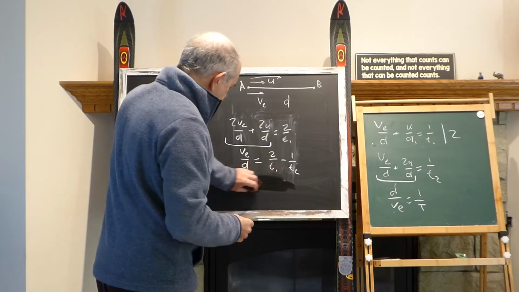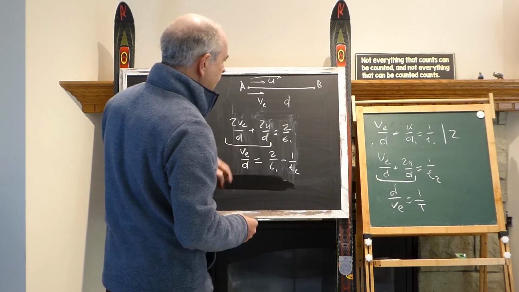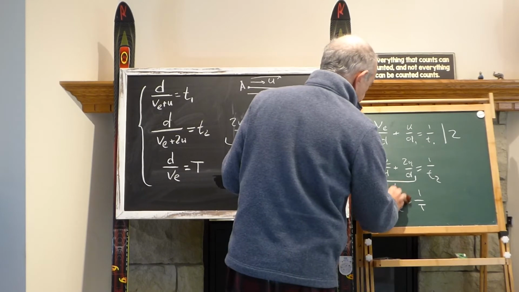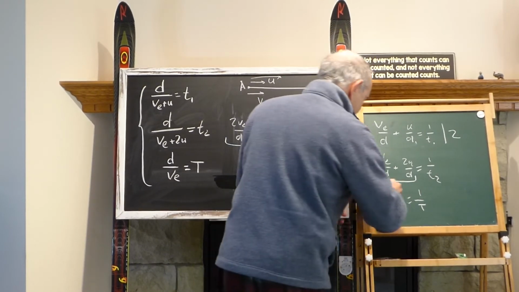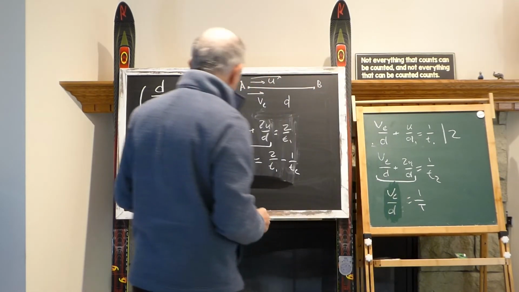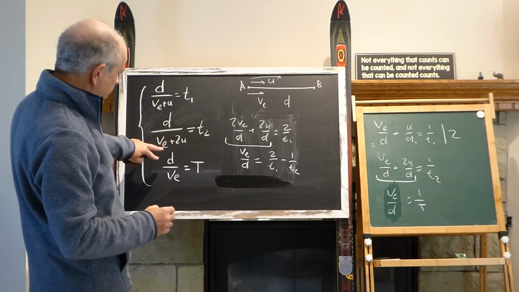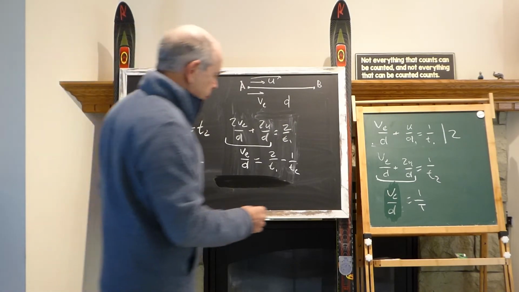And so this way I know this, right? And I made a mistake and nobody corrected me that here should be, of course, VE over D, right? When I was flipping it. I was flipping this equation upside down, so it would be VE over D.